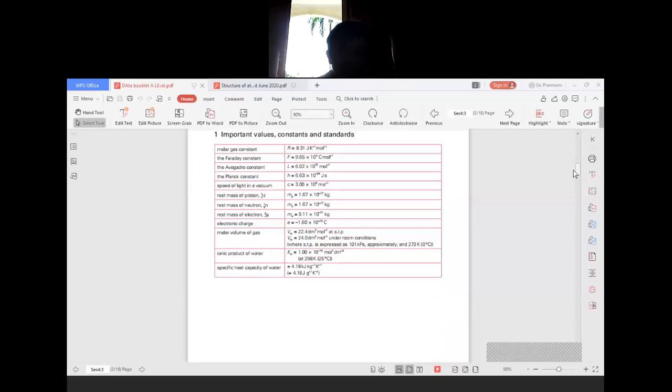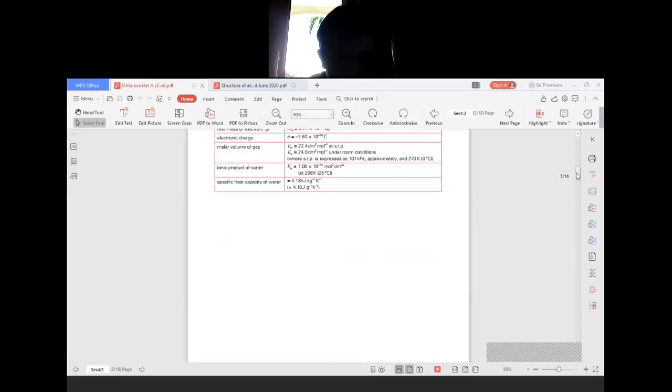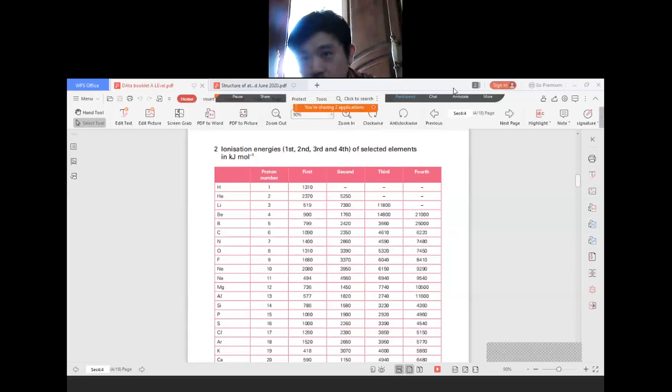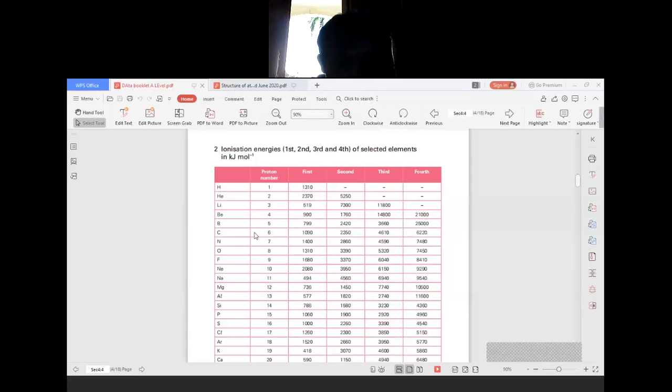Now this one, ionization energy, the sheet between aluminum and magnesium. It was written here, these two.